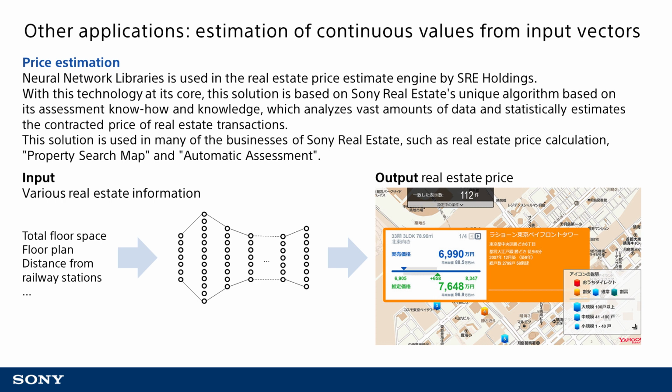For example, in the case of the real estate price estimate engine used by SRE Holdings, the neural network is trained to output real estate prices, which is a continuous value, indicating that the price is so many tens of millions of yen from input feature quality vectors, which are the various types of real estate information. A real estate price estimate engine achieved in this manner makes it possible to estimate the rough assessed price of real estate that is not for sale, for example.